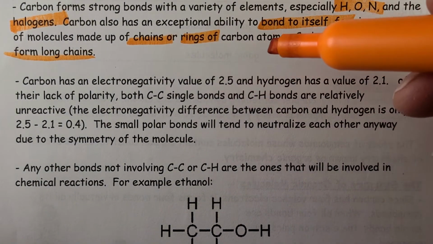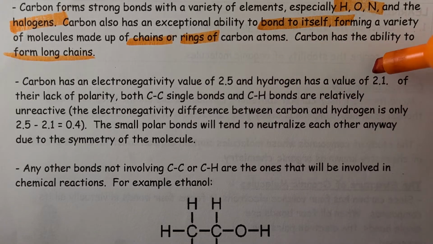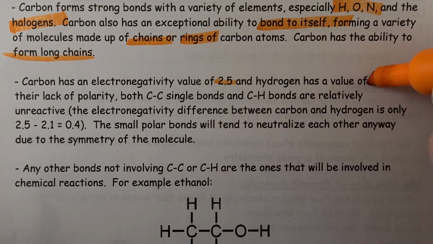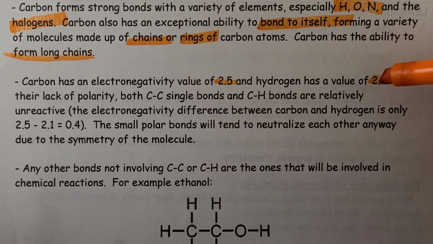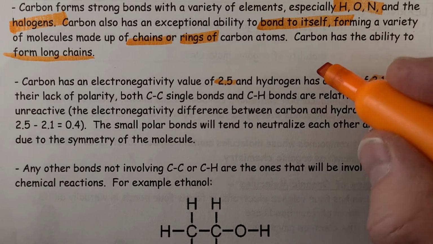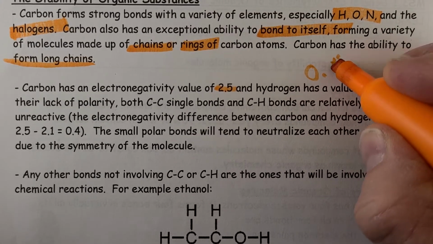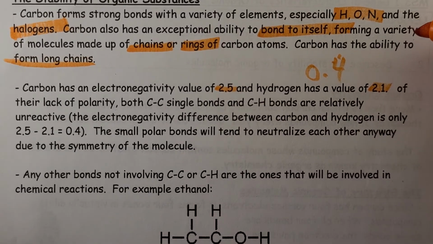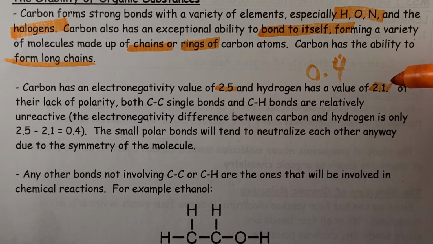Now, carbon has an electronegativity of 2.5, and hydrogen has an electronegativity of 2.1, so the difference is less than 0.4, and 0.4 was that fringe number that distinguished a polar bond from a non-polar bond. So for the most part, it's going to be on the non-polar side.